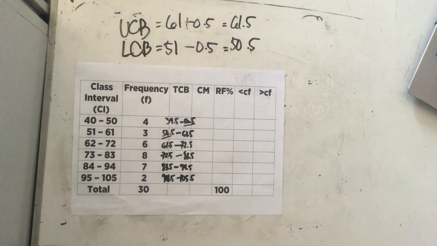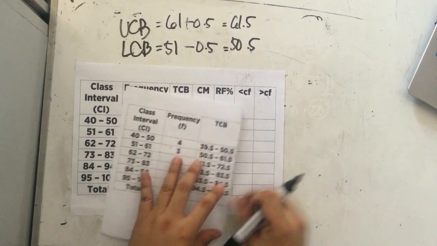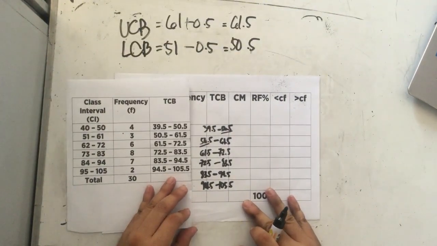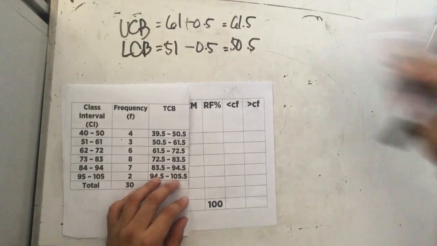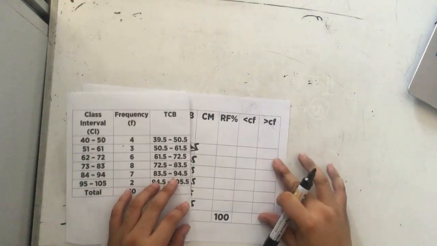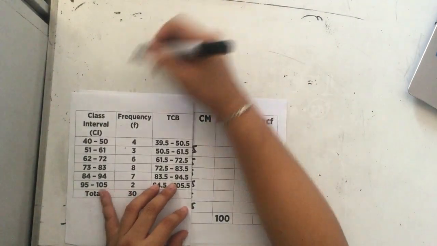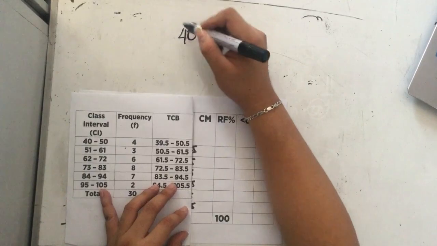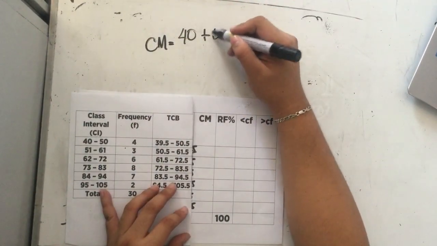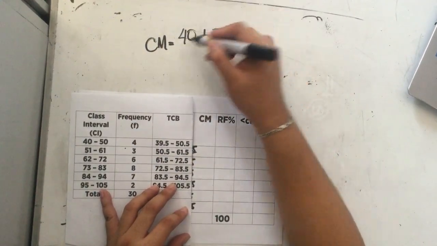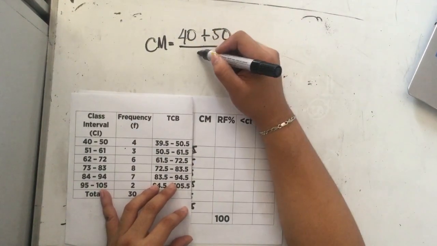Next, we have our class mark. So, yung class mark natin ay equal dun sa midpoint ng ating class interval. So para makuha natin si class mark, we get yung first na upper limit natin plus yung second upper limit natin in our first interval divided by 2.